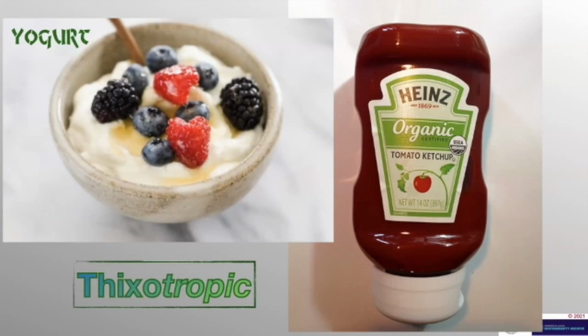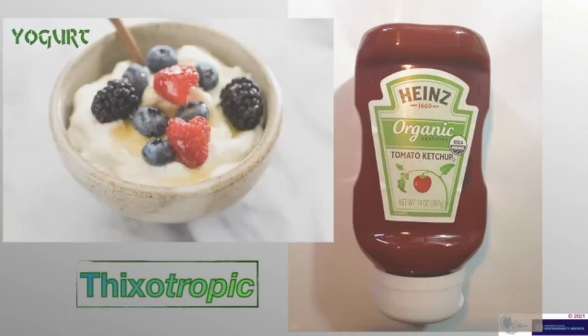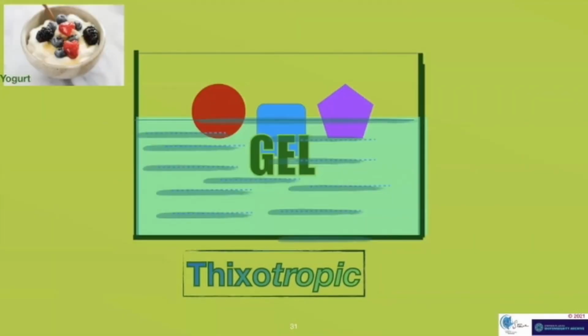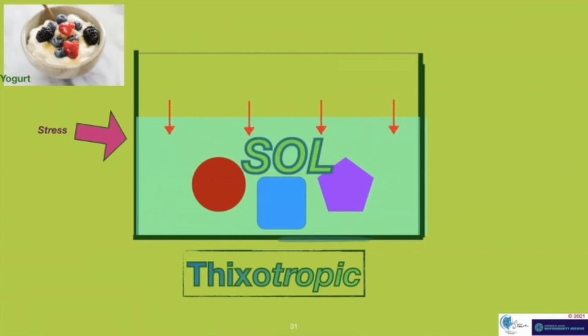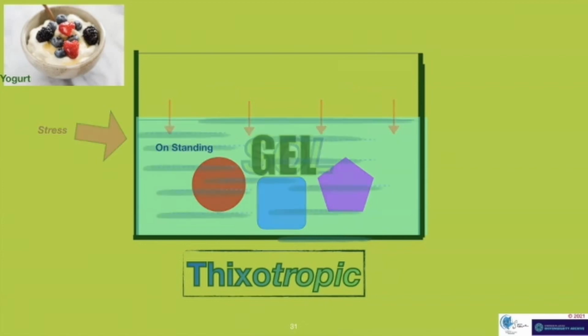And you know that you have this bowl of yogurt, you stick the fruit on, and if you stir that bowl, the fruit will loosen up and sink down. So you have a gel mixture here, and then you put some sort of stress into the system and you can shake it and do something, and then it turns to a sol. Fruit may sink to the bottom and the whole mixture might flow and the surface become flat and smooth rather than irregular and lumpy. Remove the stress and let it stand, and it will change back into a gel.